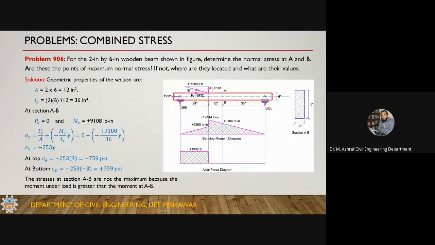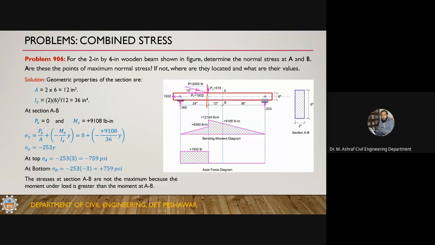Okay, so just calculate bending moment at this location. As per definition, the bending moment is the sum of the moments of all the forces to the right or to the left of the section. On the left of this section there are two forces.